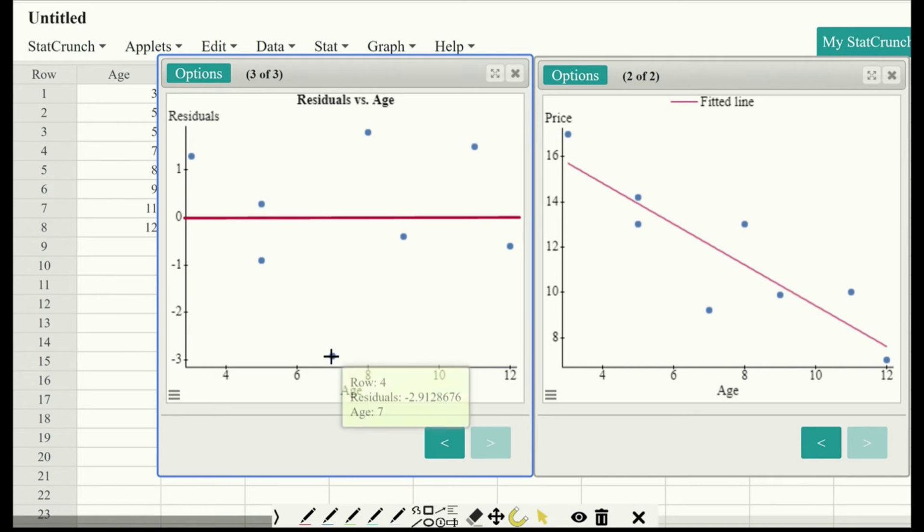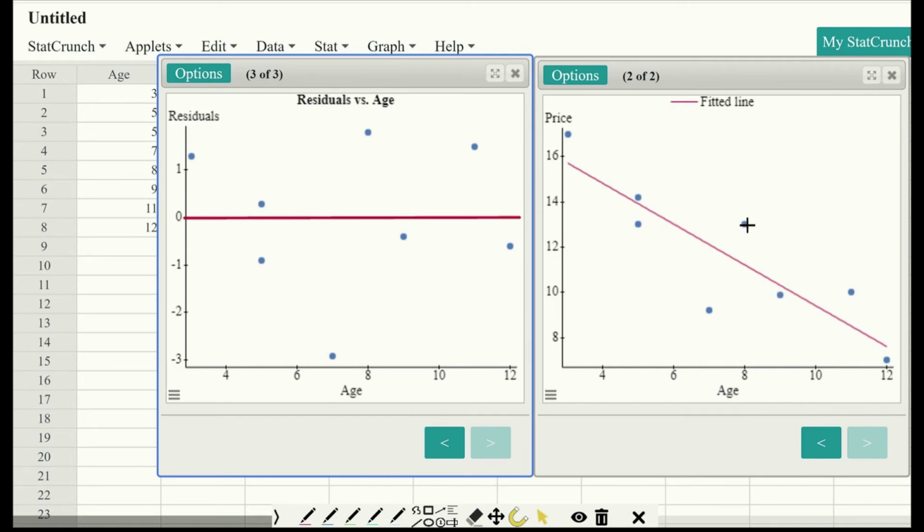See, here's the 7-year-old car. What you are seeing here plotted is the residual of that particular age car, right? So the 7-year-old car, the actual value was much less than what the model predicted. Therefore, it's quite a bit below the residual line, right?